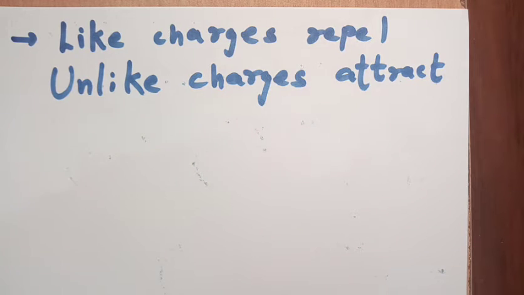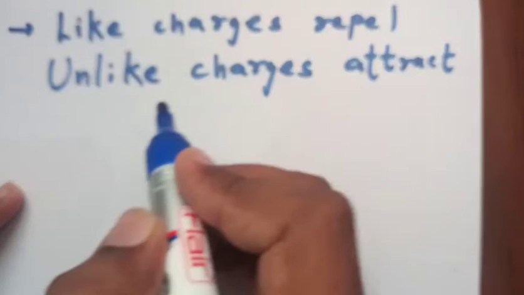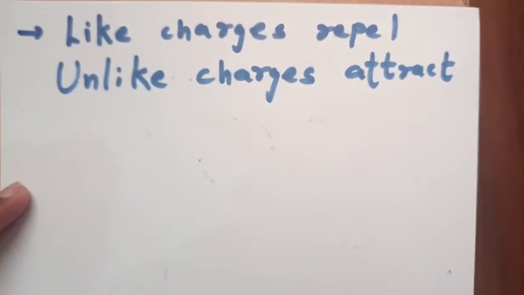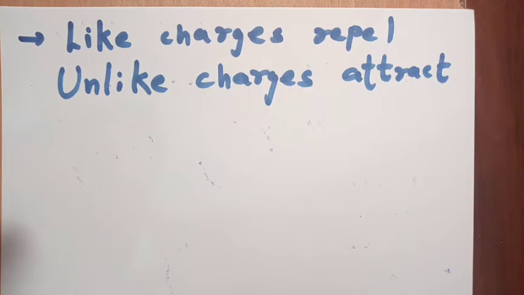So the quantification of electric forces was given by Coulomb, and we now call it Coulomb's law. So we are going to study Coulomb's law today. Like charges repel, unlike charges attract, but how much they attract or repel can be known with the help of Coulomb's law.